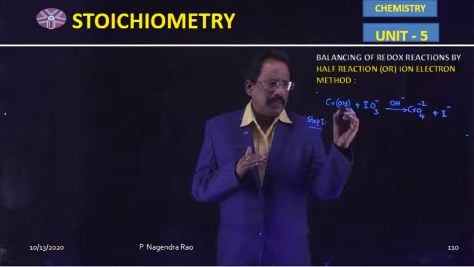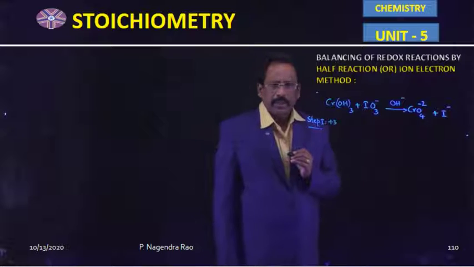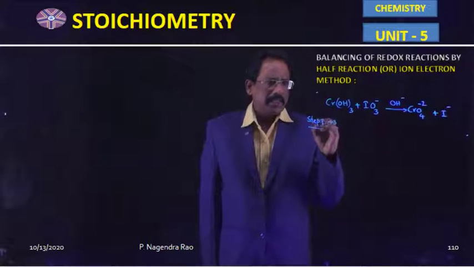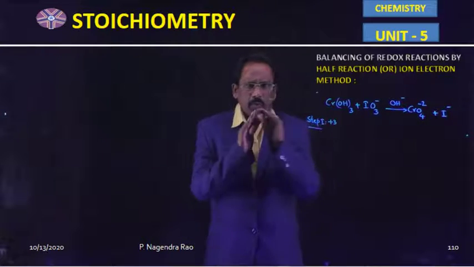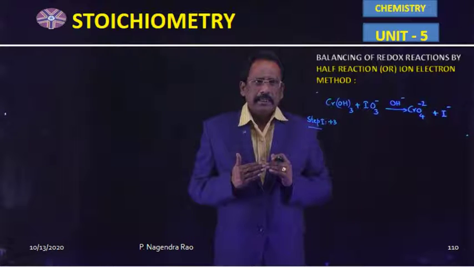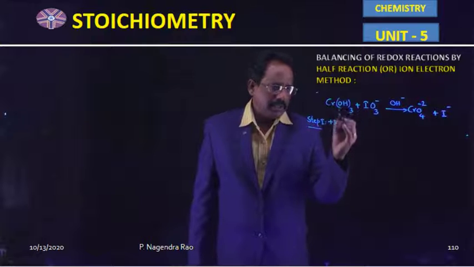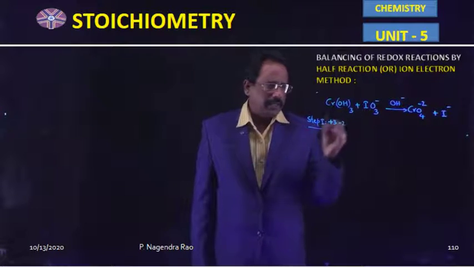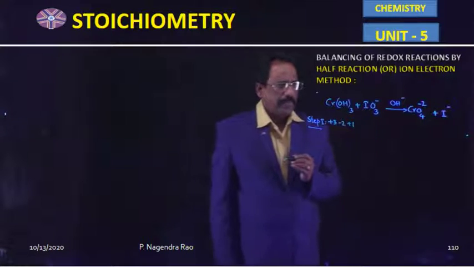Therefore, x minus 3 is equal to 0, so x is equal to +3. So in chromium hydroxide, chromium oxidation state is +3, because in OH⁻, O oxidation state is -2 and hydrogen oxidation state is +1.